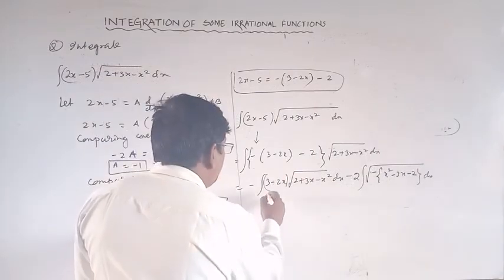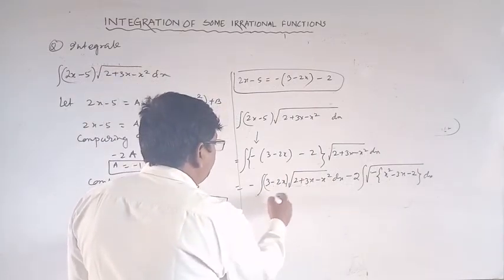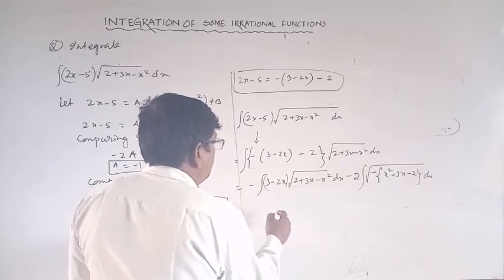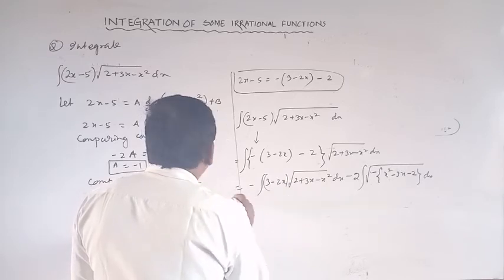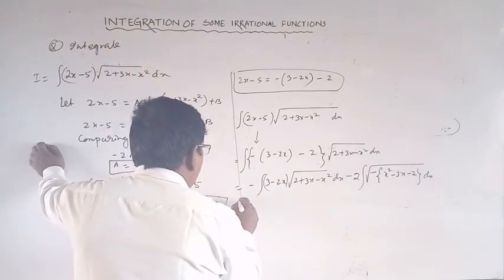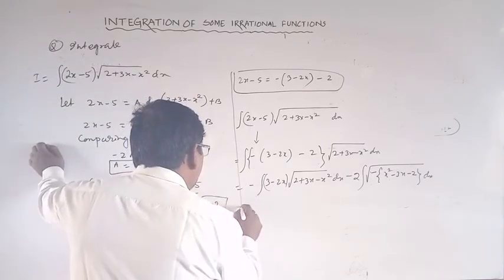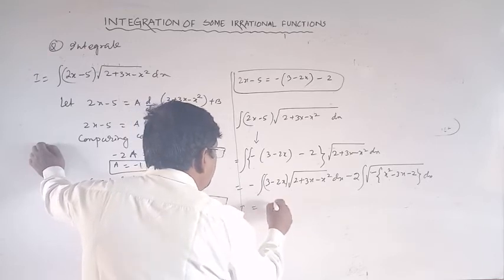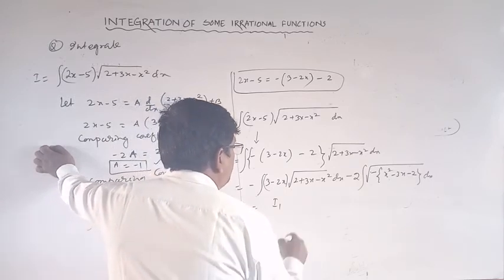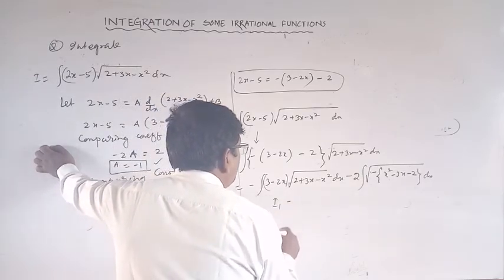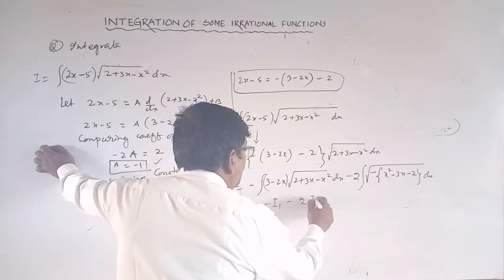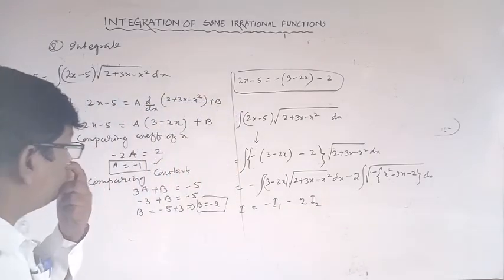Again here, let this be equal to t. Suppose this is I. So I is equal to minus I1 minus 2 into I2.